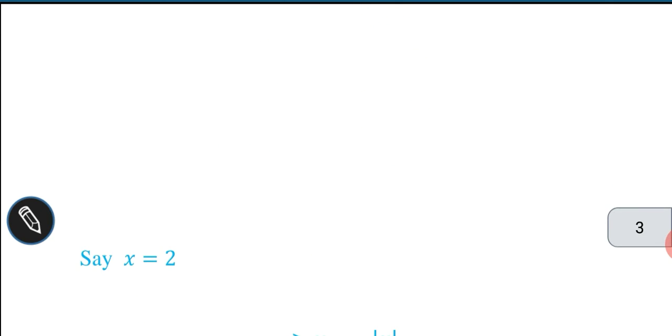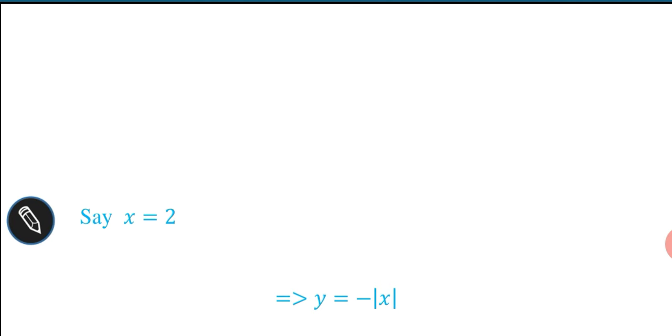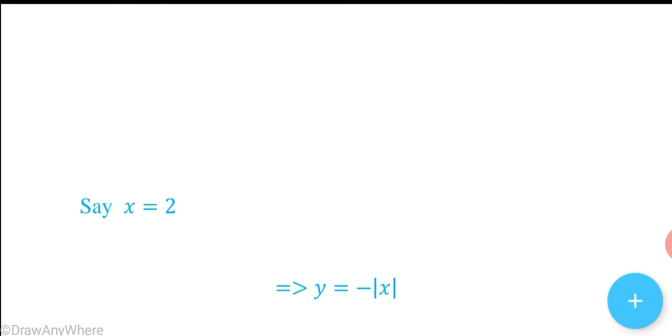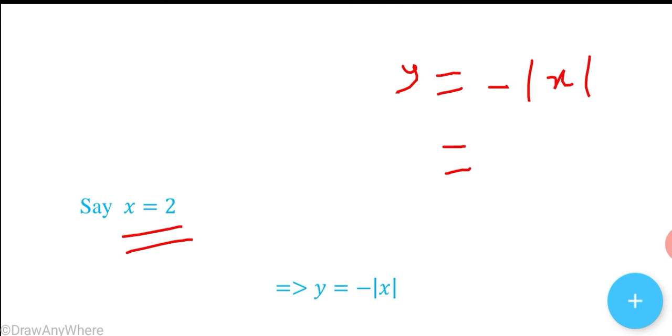Now assume a positive number. Already we have assumed a negative number and 0. Now we assume x positive, say x equal to 2. So y is equal to minus modulus of x, that is minus modulus of 2.